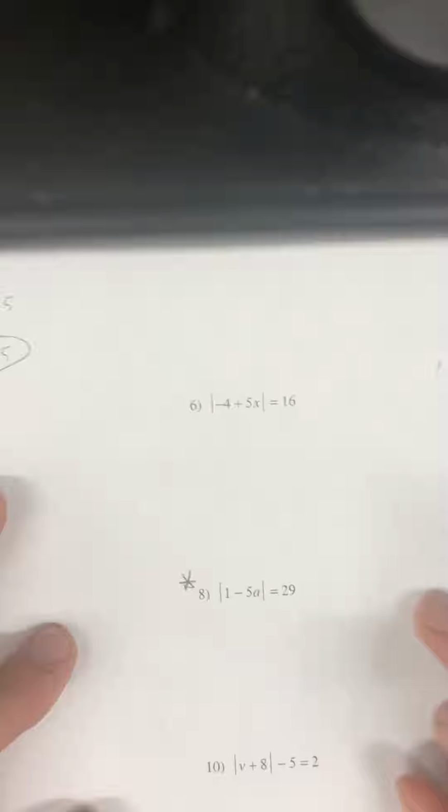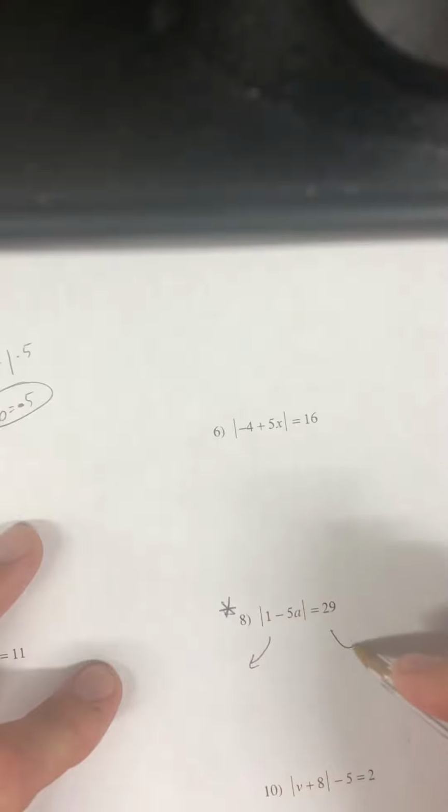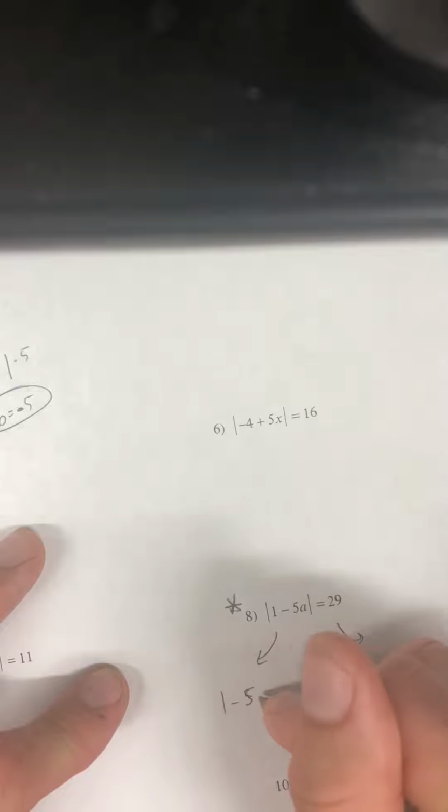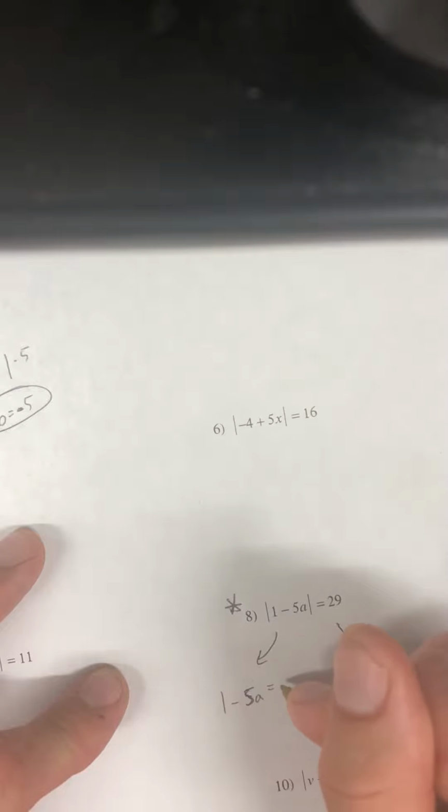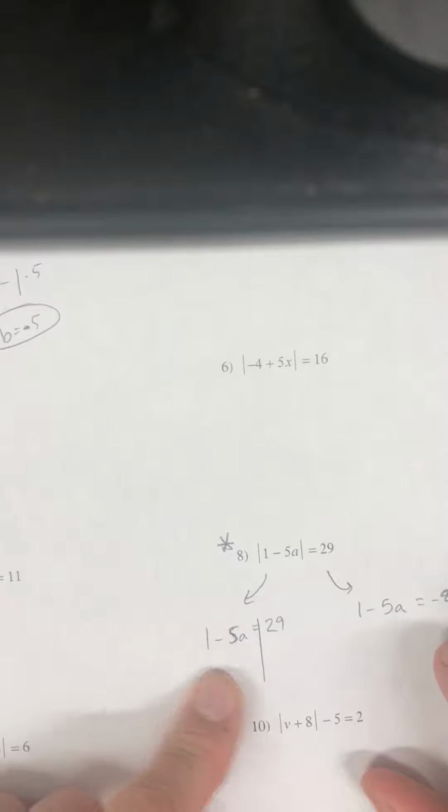Let's come down here. This one is a little bit more in depth, but it's going to be the absolute value of some quantity is equal to 29. Since the absolute value bars are by themselves, we'll write two equations. 1 minus 5 times a is equal to 29, and 1 minus 5 times a is equal to -29. Okay, solve both. This is a two-step equation, so add and subtract first.